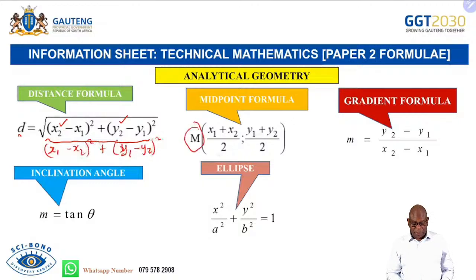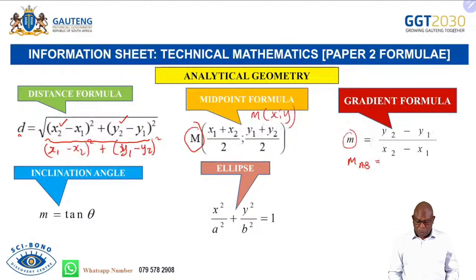The midpoint formula has a capital letter M there. Please realize it is a coordinate, so it's M with coordinates x and y. We're looking for those points. The gradient formula uses a small letter m. If I need the gradient of AB, I write small letter m with AB as a subscript.